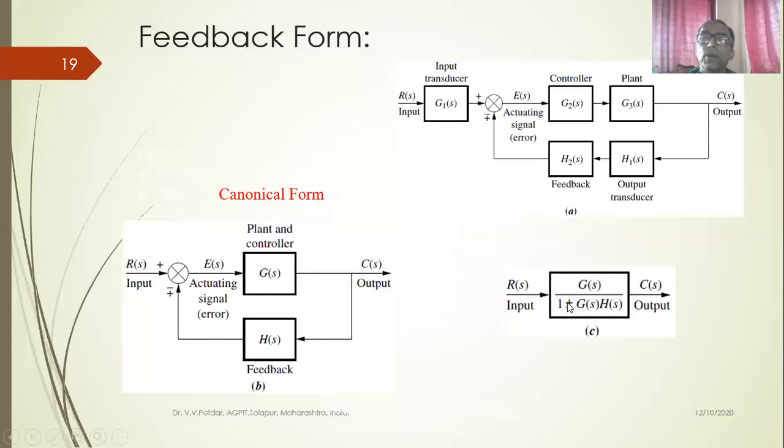Remember, last class I told you, this plus or minus will be there depending on whether the feedback is minus or plus. If the feedback is plus or minus, here I'll have 1 minus or plus G(s) into H(s). This we have to remember as a rule for converting the minor feedback loop into a single block, right?